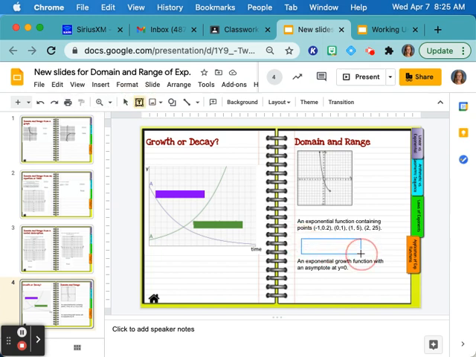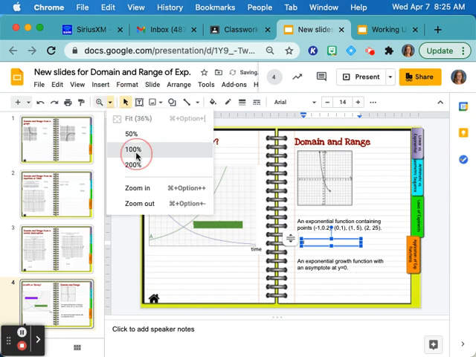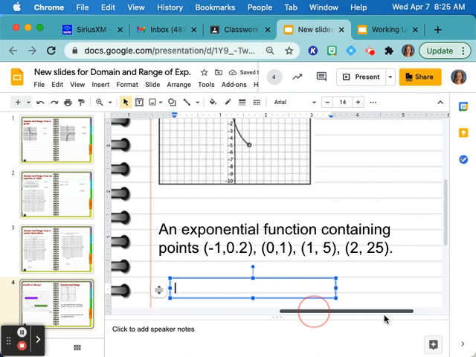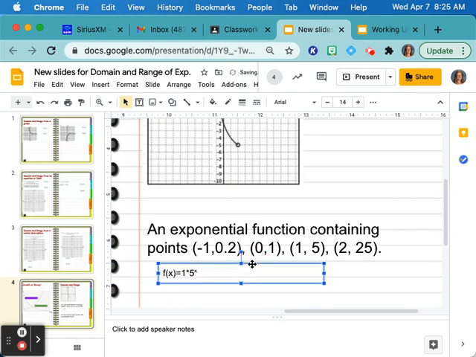Okay, now what's the rate? Now that we have it typed in right, times 5. So 1 times 5 raised to the x value. And if you're unsure on that, that's okay. You can always just graph it.